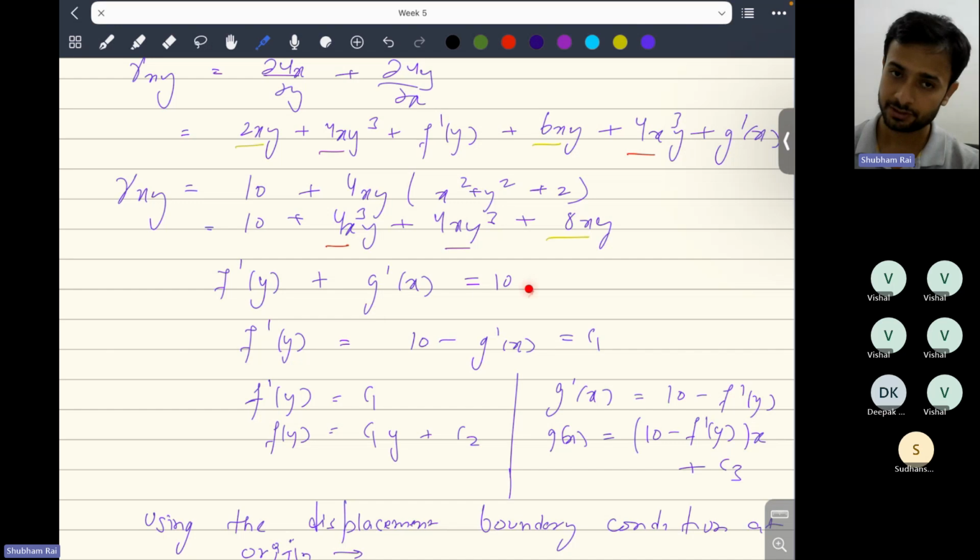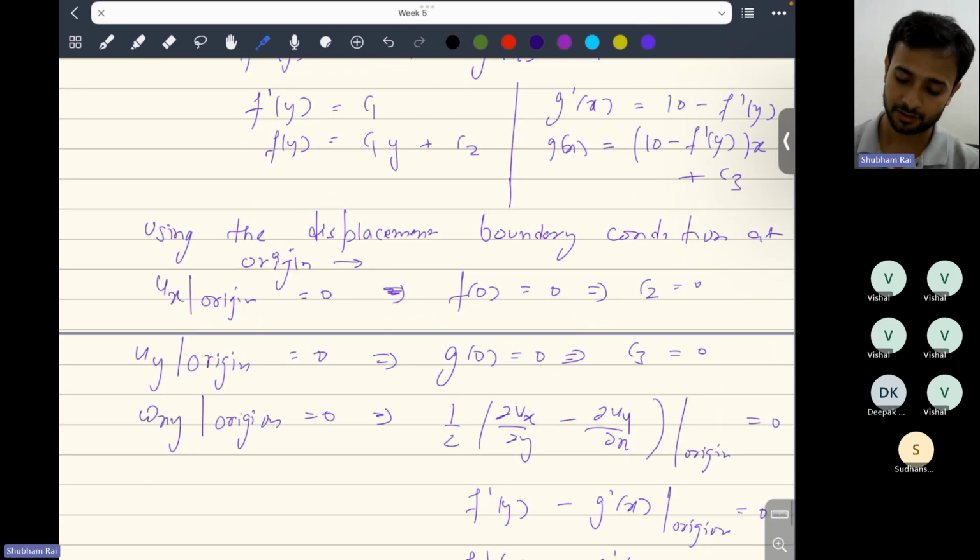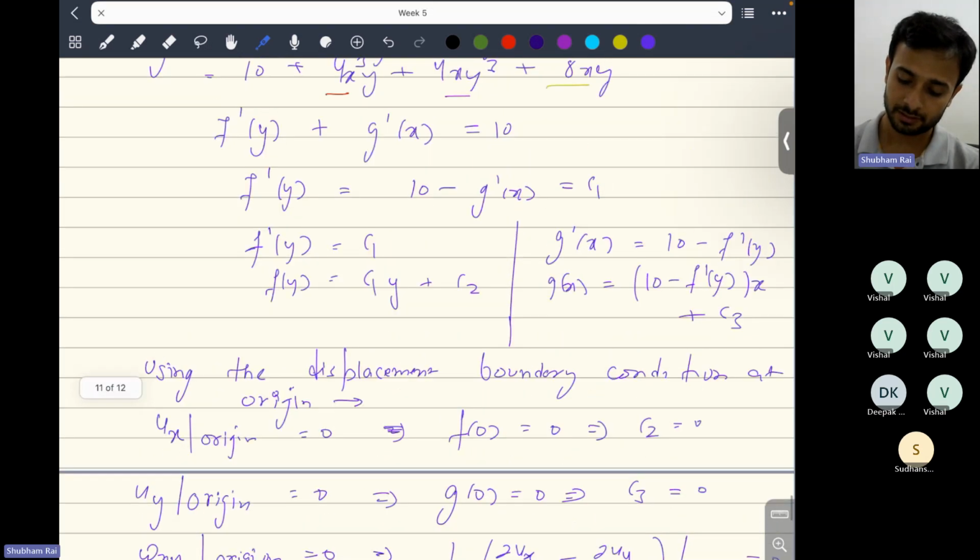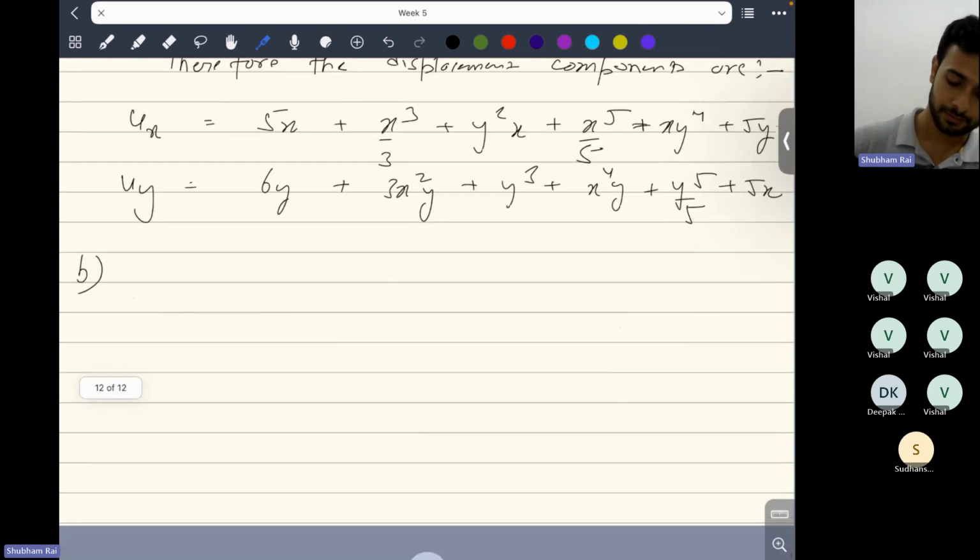First equation is the one relating f prime y and g prime x, and then three equations are these. So from these four equations you can find c2, c3, and then f prime y and g prime x. You can find all these four things. That's what we have done.